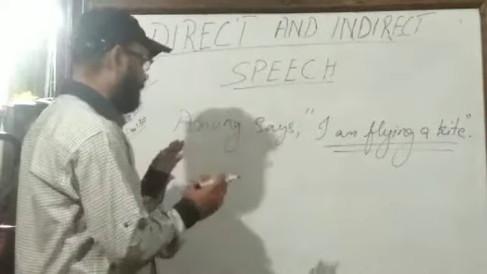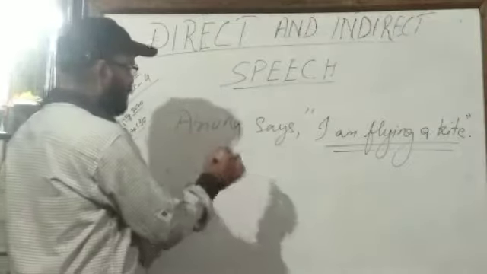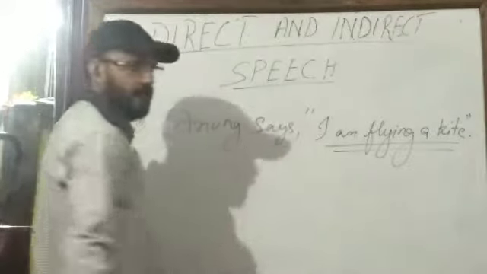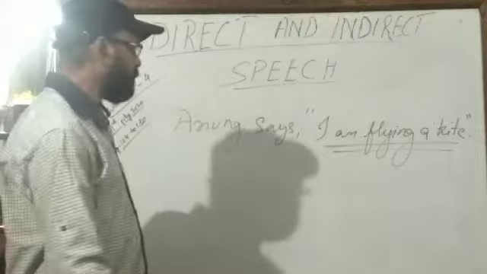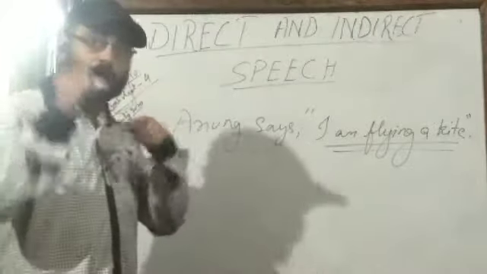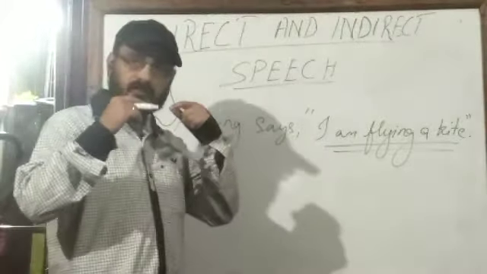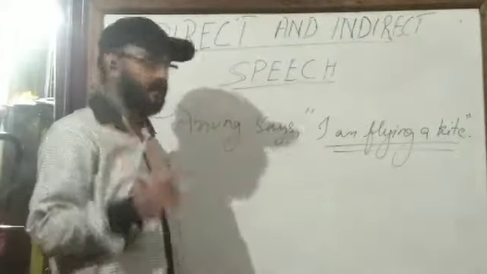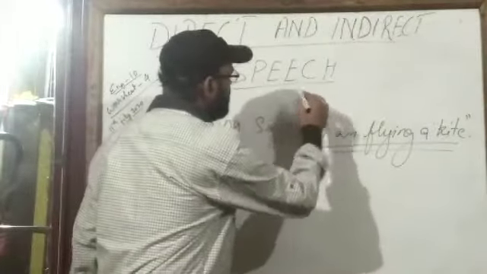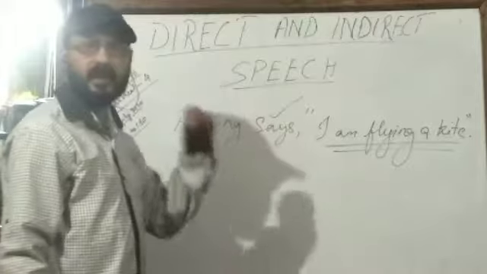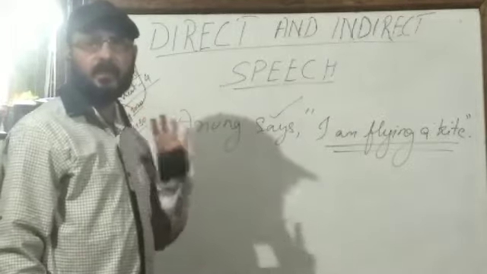And outside the sentence there is the subject and the reporting verb. First of all, you should know the tense of the reporting verb. Here it is clearly written "says." That means the tense here is simple present tense.